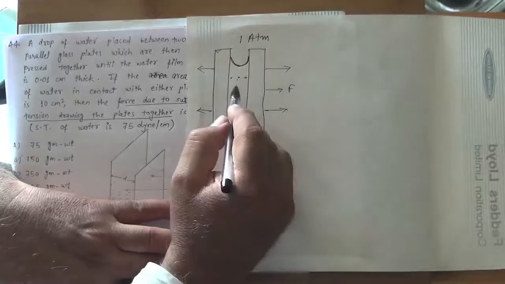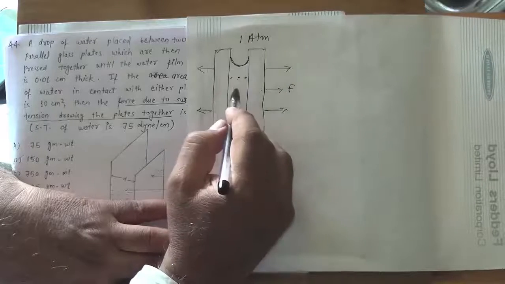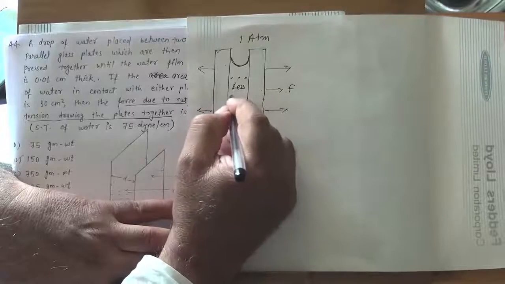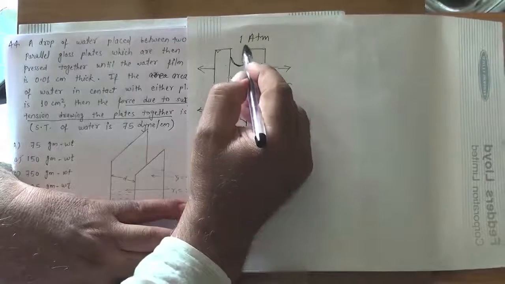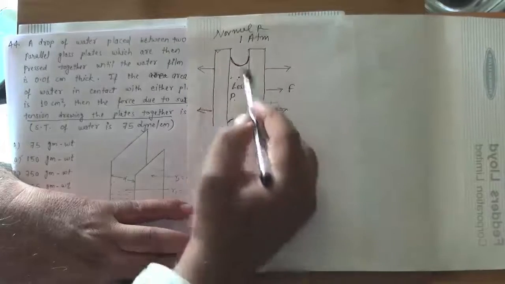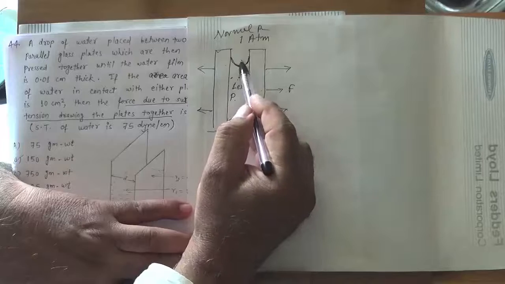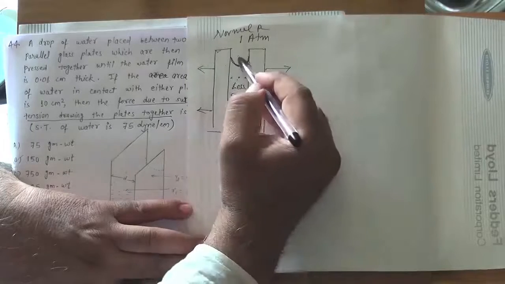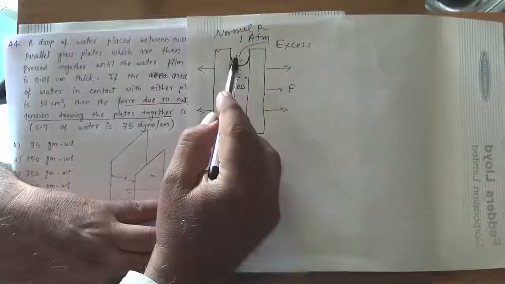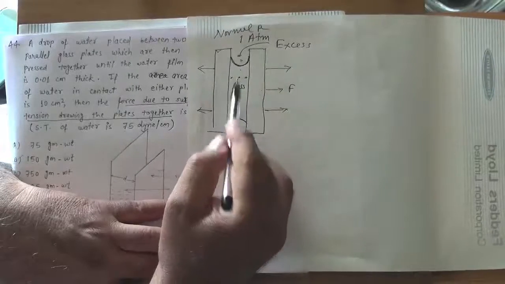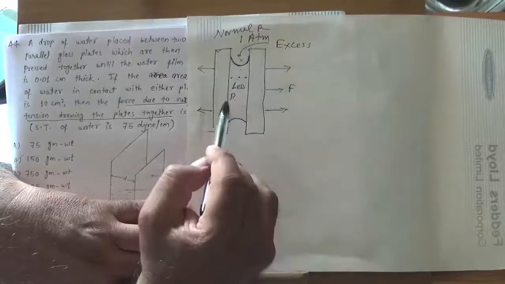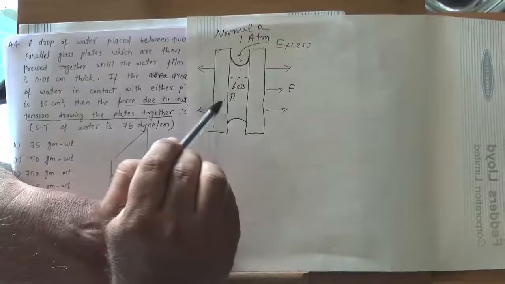Now when we pull it, it is slightly less than 1 atmosphere, and this volume is at less pressure. This is at normal pressure. Now compare the two. This has got excess pressure over this pressure, and this is a normal pressure, but that means this pressure has become less.